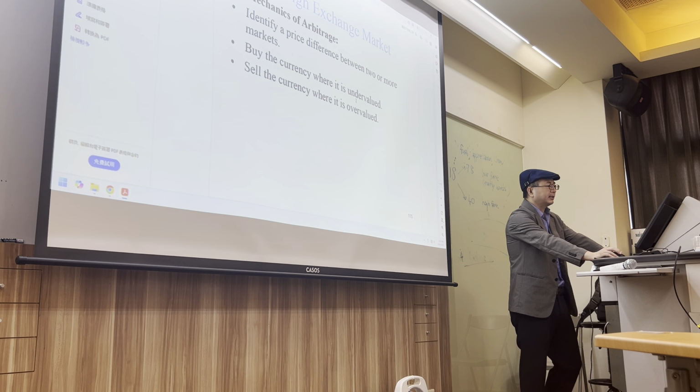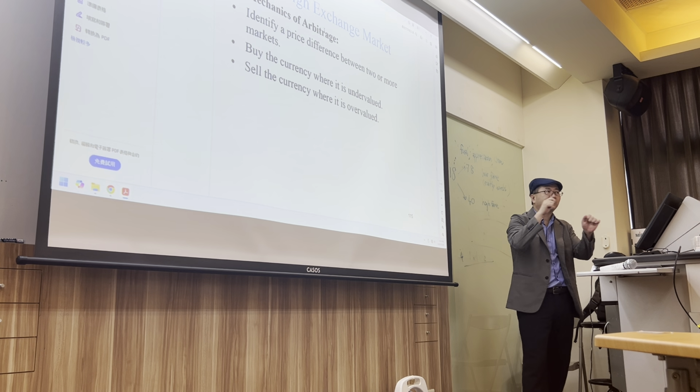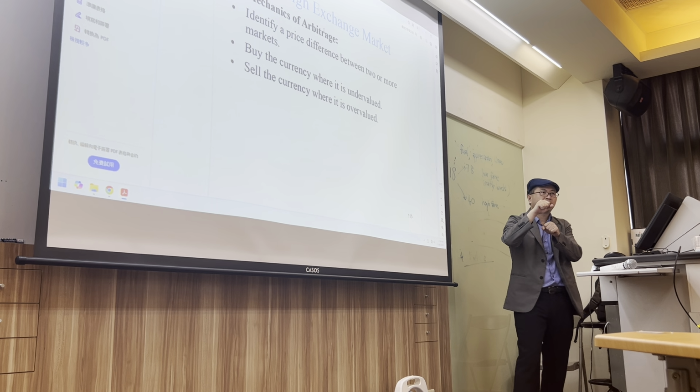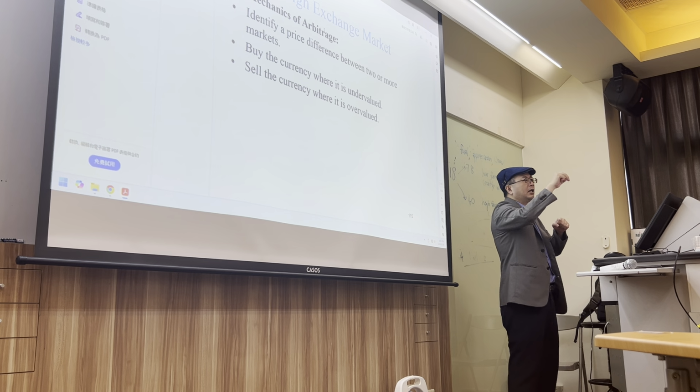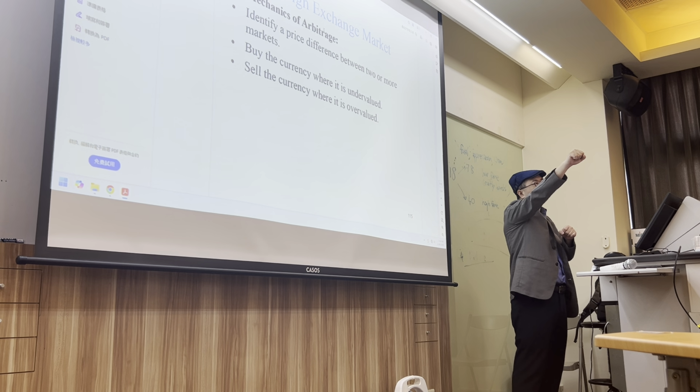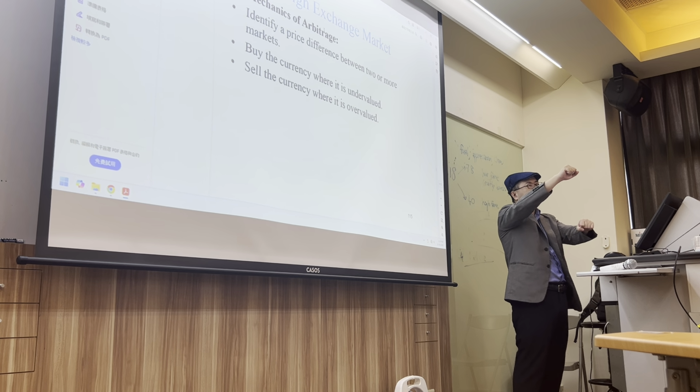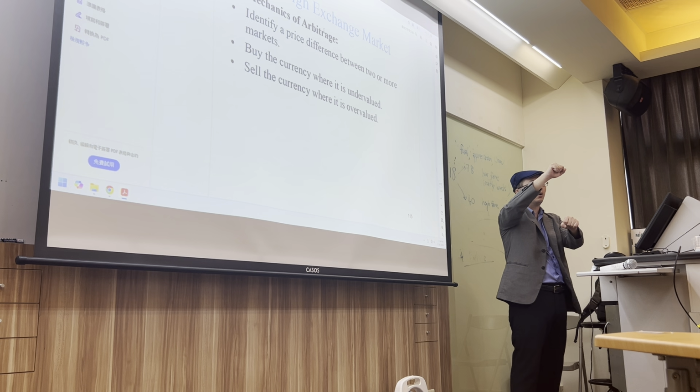So the basic mechanics of the arbitrage would be, first, you have to identify whether there are any price differences. It could be the difference between the listed price and the price that the average person is willing to purchase at.